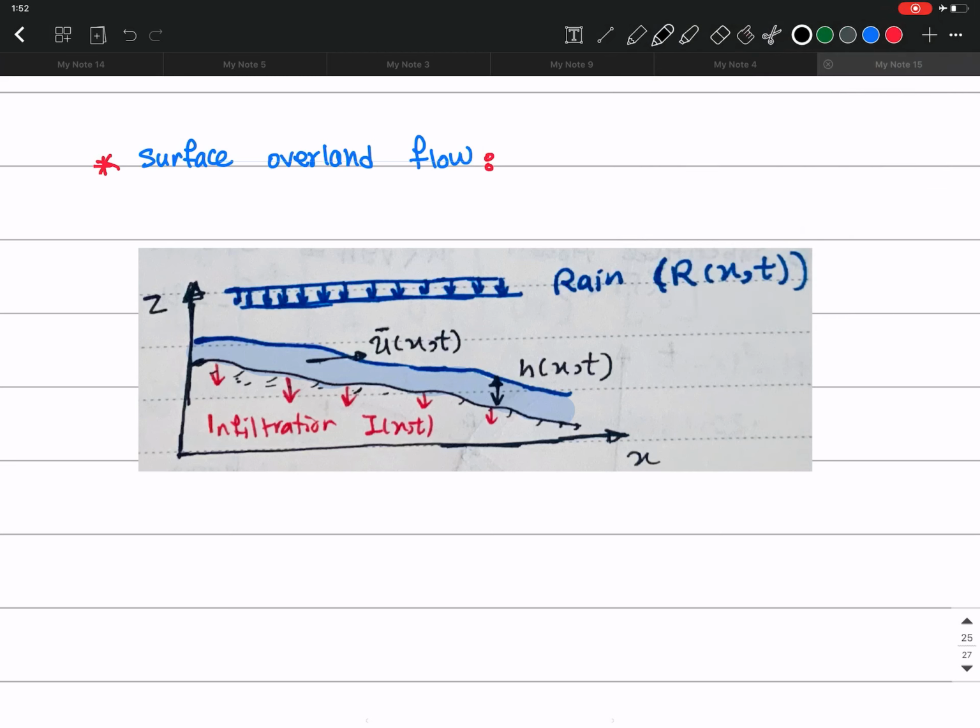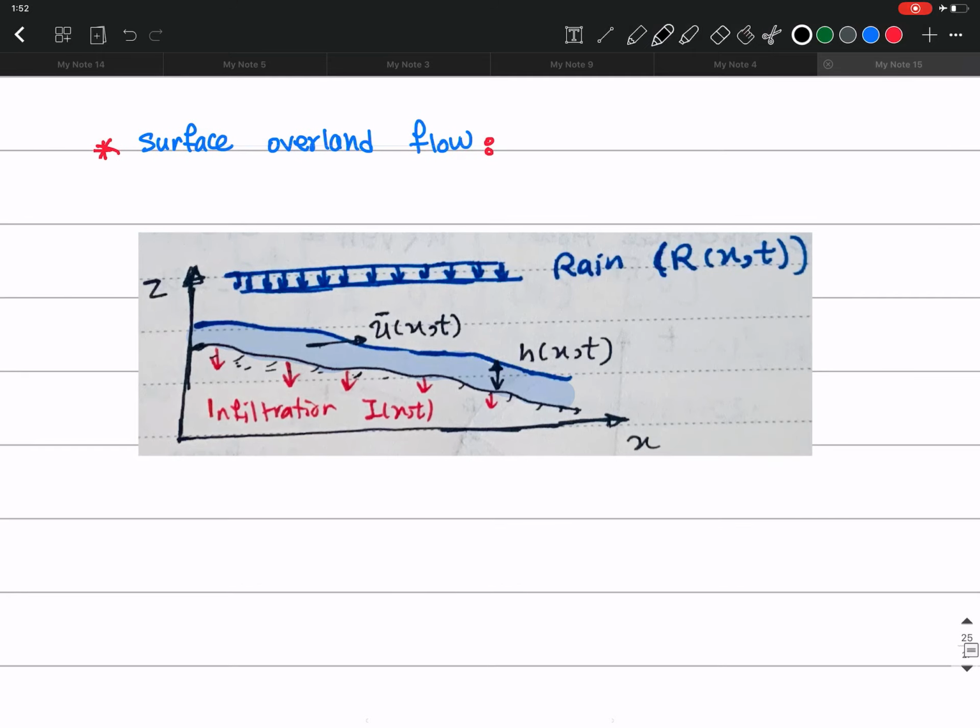And then this water, because it's on top of soil, it has also some infiltration into the soil that is shown with I(x,t) here. Okay, and also imagine we have some rain. We can have some sporadic or random rain that adds some water to this channel, and we show this rainfall with R(x,t).